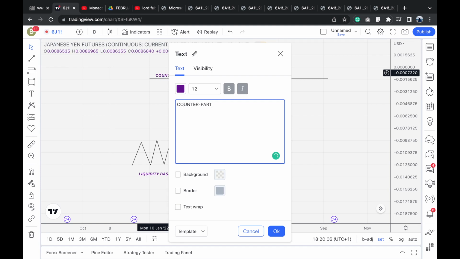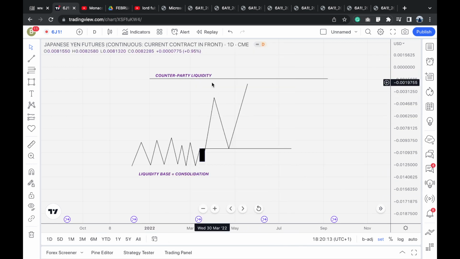So what is counterparty liquidity? If the institutions are accumulating down here, they have to distribute their orders. If they cannot distribute their orders, they remain stuck in price. They remain stuck in the market delivery, and they cannot exit.